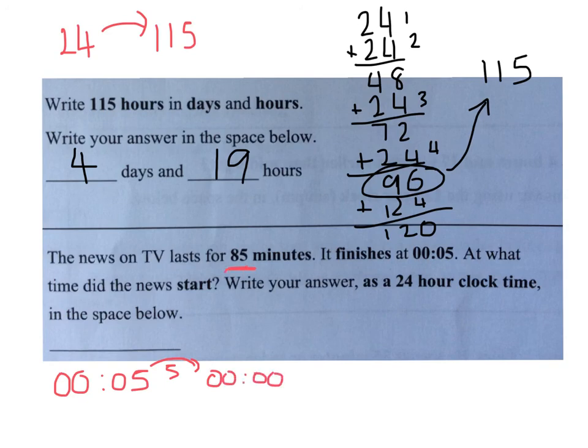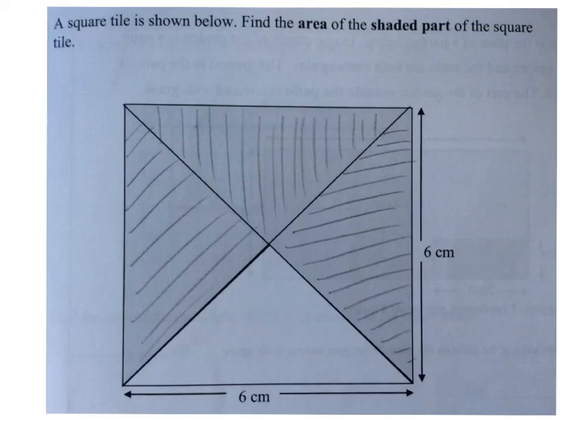So we have 85 to take off. We've already used 5, so let's take off the 80 now. So we'll begin by taking off 60. Brings me to 11 o'clock at night. And we still have a further 20 minutes to take off. Brings me to 22:40, which is a 24-hour time, and which is our answer.